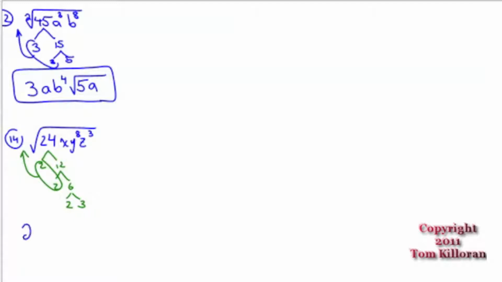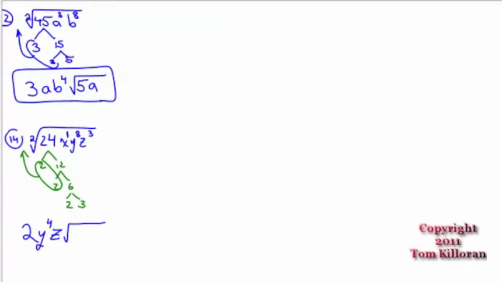Now, work with the variables. This index of 2 is normally not written, but you might want to write it in there. 2 goes into 1 how many times? It doesn't, so that x is going to be left behind. 2 goes into 8 how many times? 4, so we get y to the 4. 2 goes into 3 how many times? 1, so we get a factor of z on the outside.